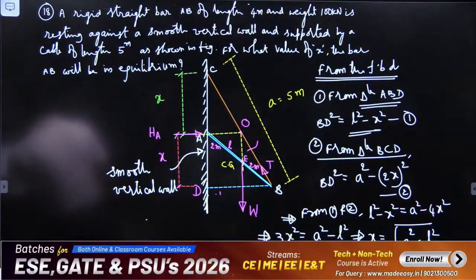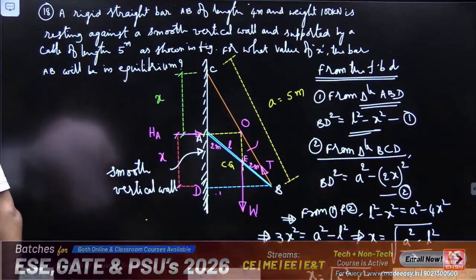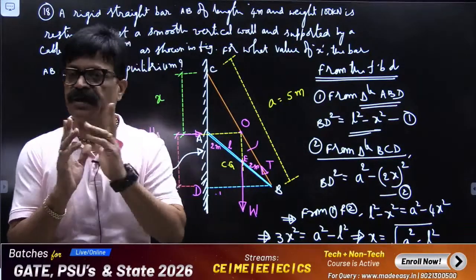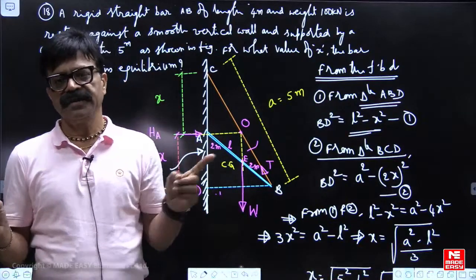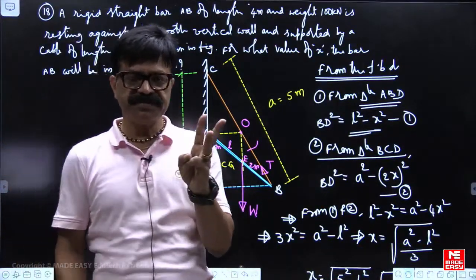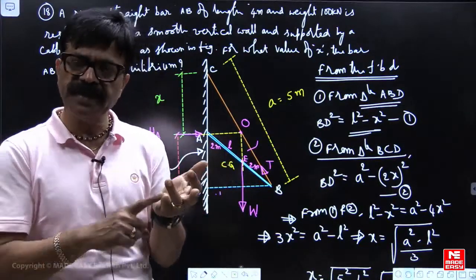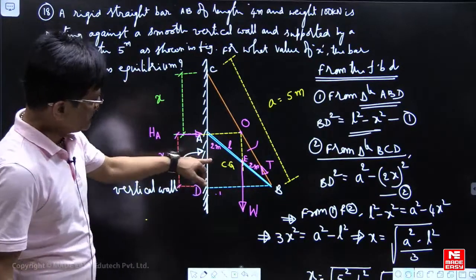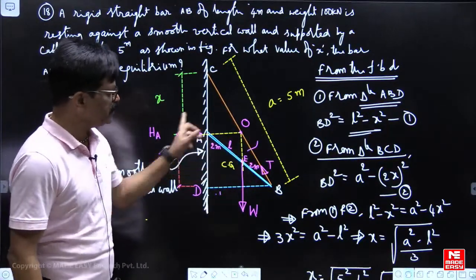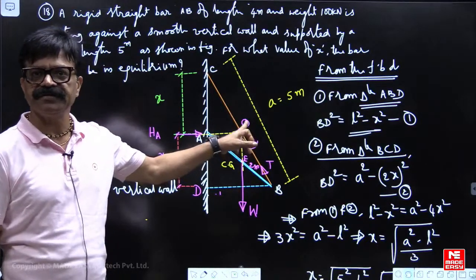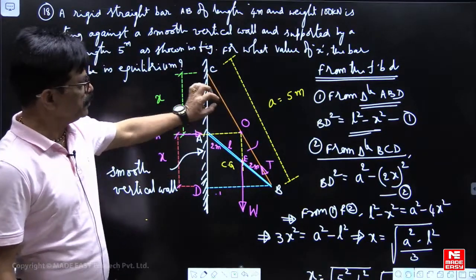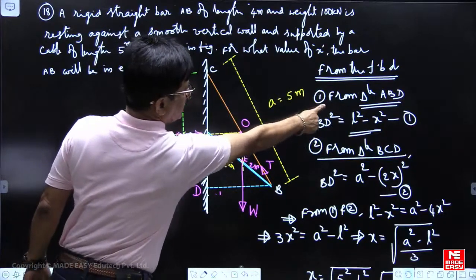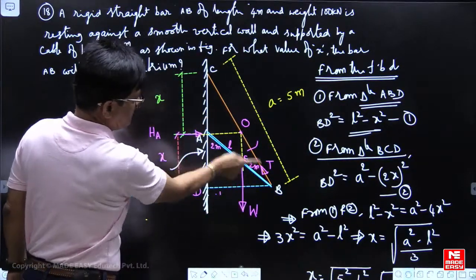So in the cables, to keep two forces in equilibrium, they have to be equal, oppositely directed and collinear. Three forces means they have to be coplanar and concurrent. They must meet at one point. From that concept, HA, W, T, they must meet at one point, that's some point O. Now you have taken triangles ABD, from triangle ABD and from triangle BCD.